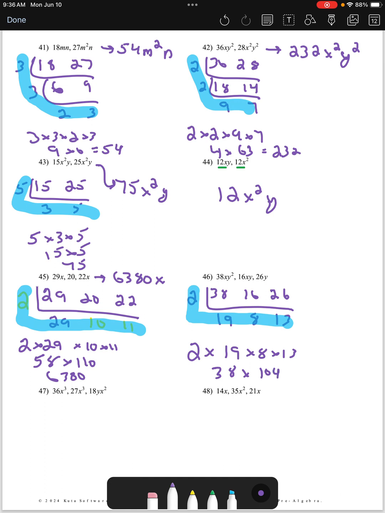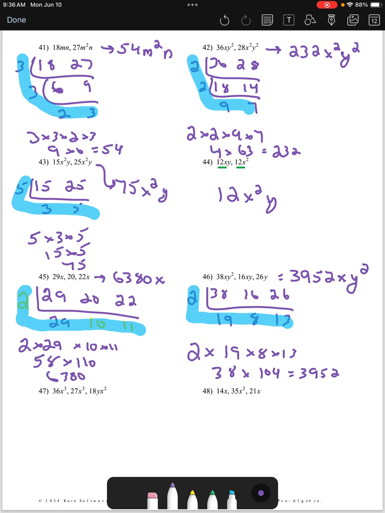Now 2 times 19 is 38. That's not bad. 8 times 13 is a little less pleasant. It's 104. And again, in class, do it on the board. Here, in the interest of time, I am using a calculator. 38 times 104 is 3,952.